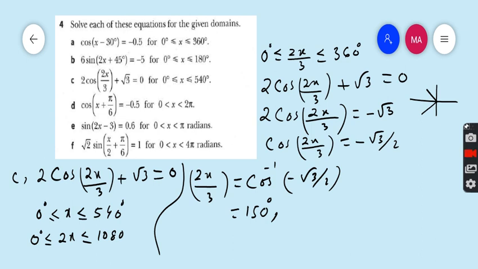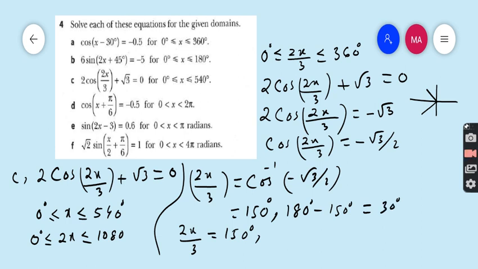But we need to find the angle in the third quadrant as well. How can we find it? Just find the basic angle, subtract this 150 from 180. So 2x upon 3 is equal to 150 degrees, and 180 minus 150 is what? 30.